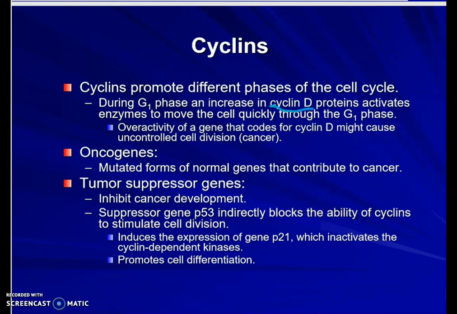And if they, for some reason, mutate and will not turn off anymore, then they turn into what's called oncogenes. Oncogenes are mutated forms of normal genes that promote a cell to turn into a cancerous type of cell, so from normal to cancerous.